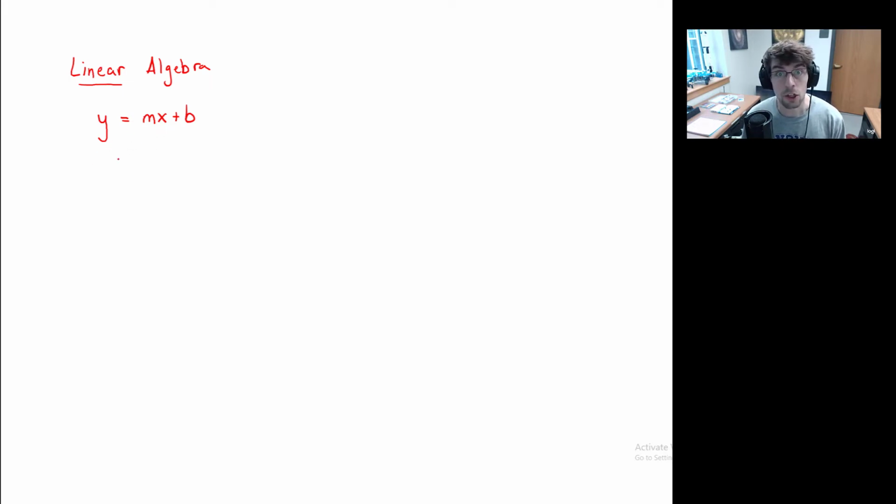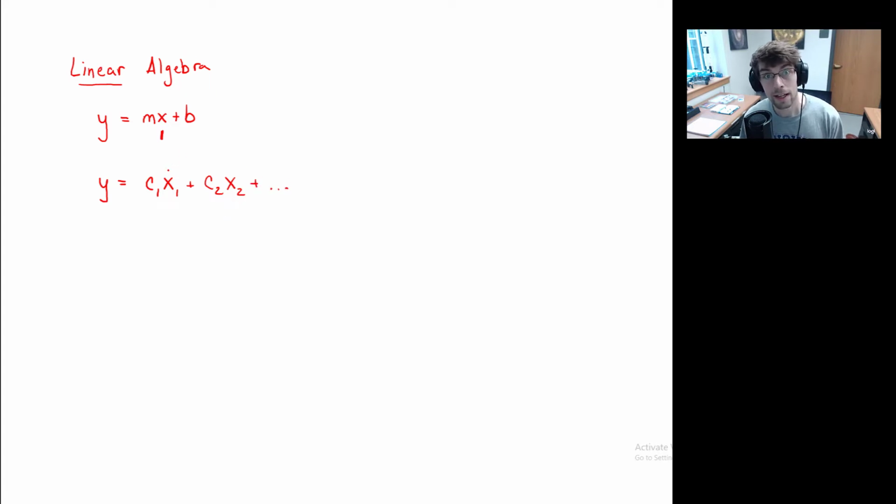Now, of course, you can have more than one independent variable. So linear algebra will tend to write equations more like this. They'll say y is equal to a constant 1 times the first independent variable plus some constant 2 times the second independent variable plus, and we'll keep going, dot, dot, dot.